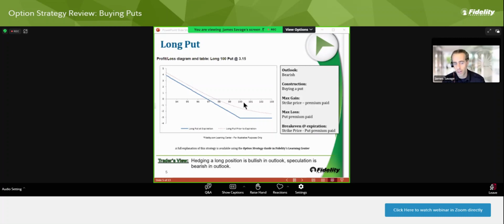The sooner you get the movement, the sooner you're going to reach that break even. Of course, the furthest is going to be that 96.85 when there's all intrinsic value and at that point, no time value remaining.